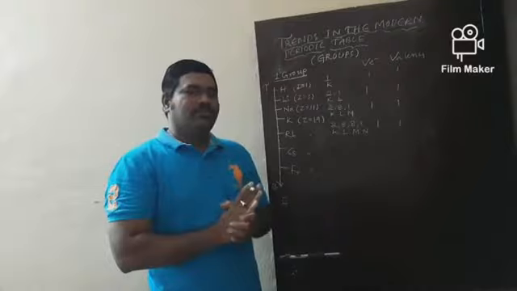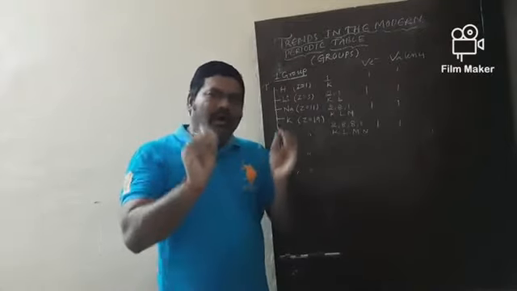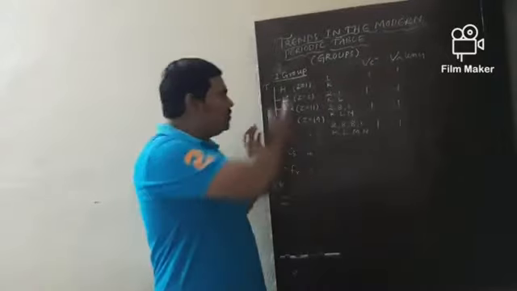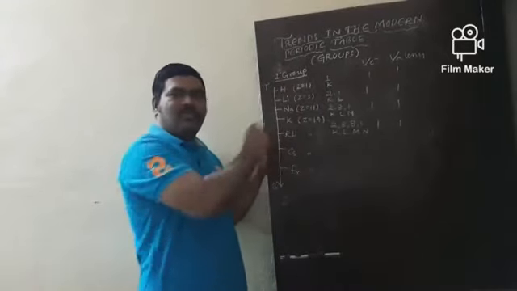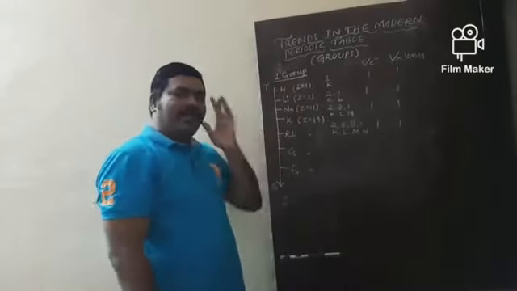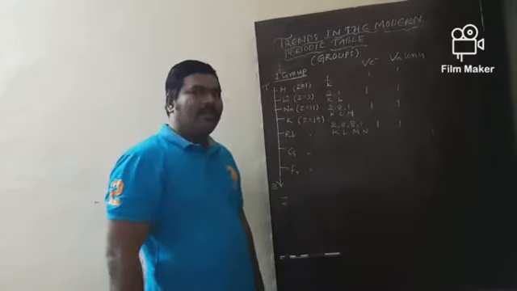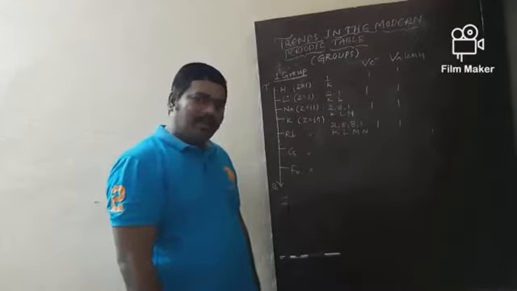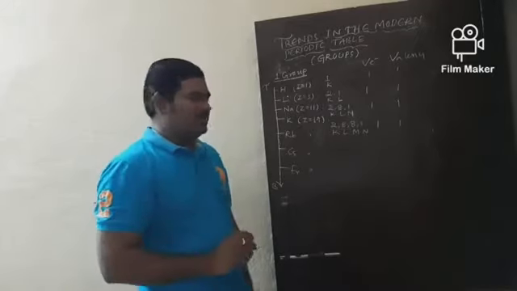Now we will apply all the 6 periodic properties one by one to this group, that is group number 1. So my dear students, what is the first periodic property? Valence electrons.